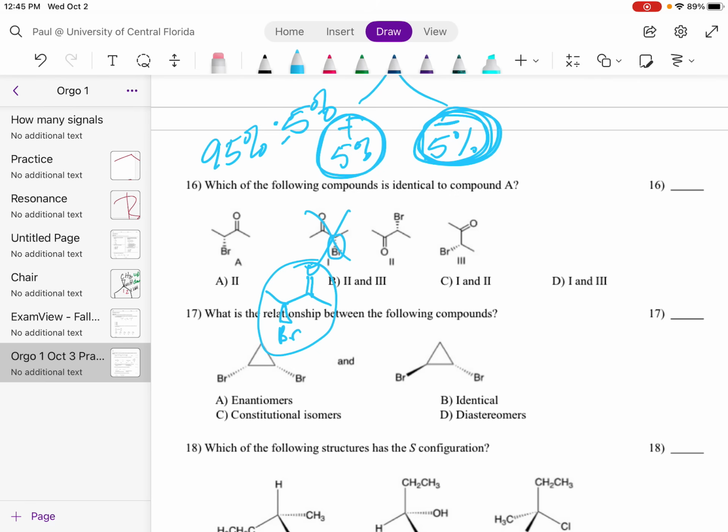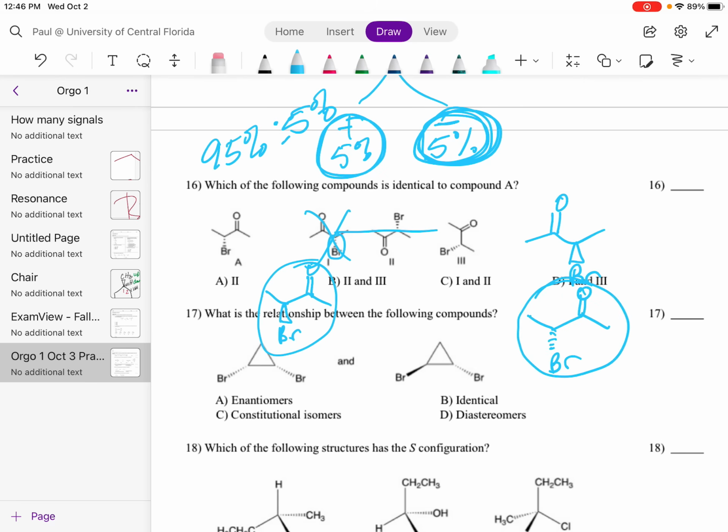If you take molecule 2 and you flip it 180 degrees across the horizontal axis, you would make it look like this. If I flipped it like that, and then if I took that molecule and flipped it 180 degrees on the vertical axis, I would get this.